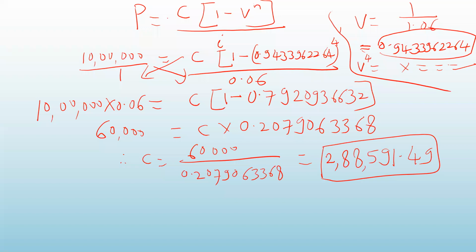That means to get 10 lakhs rupees, the present value, if you take a loan of 10 lakhs rupees, then for 4 years, how much installment do you have to pay? 2,88,591.